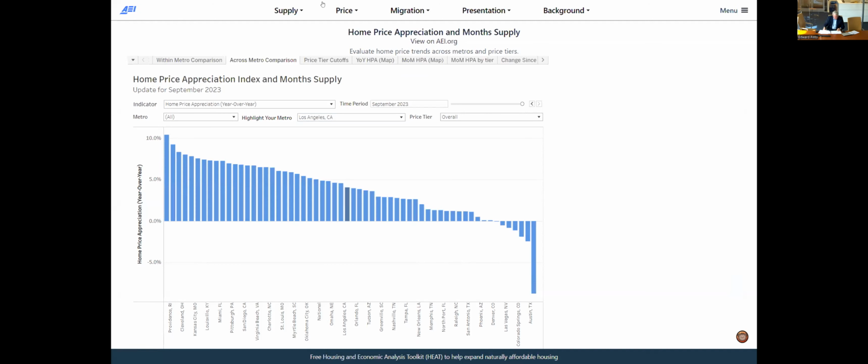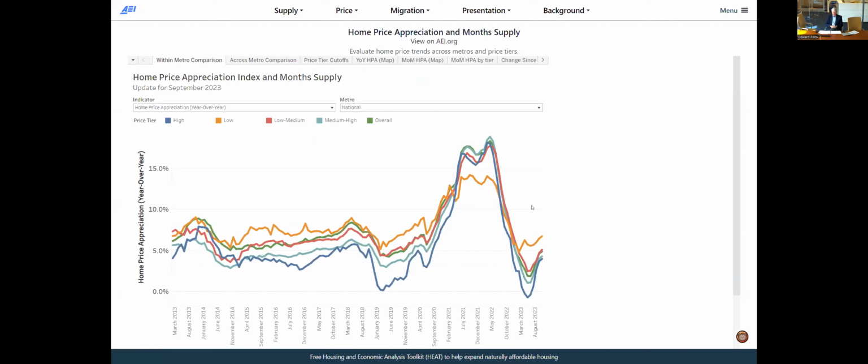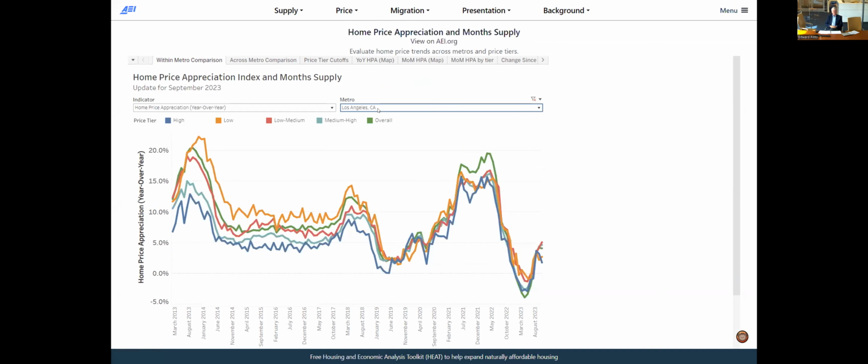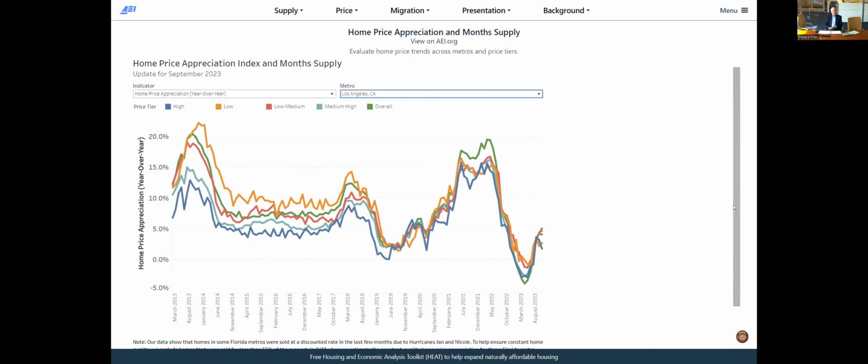If you then switch to house price appreciation year over year, this shows again, we can go to Los Angeles and get a little bit more into the detail I just went into. You see Los Angeles was going up very rapidly in the early 12, 13, 14, then it slowed off, but still a healthy increase. The overall is green, and you can see it was around 7%, which is still a pretty healthy increase.